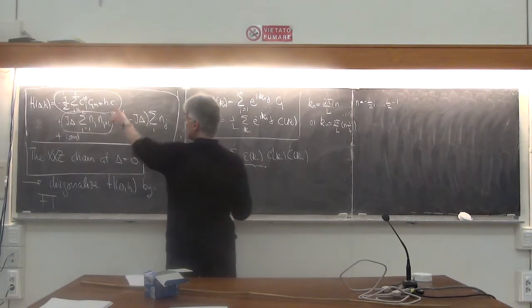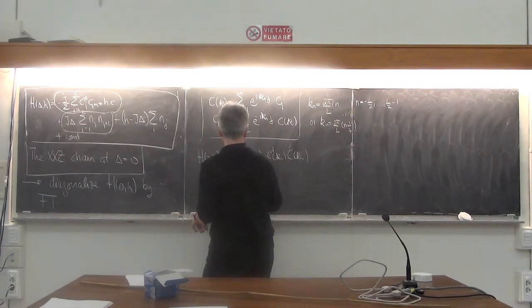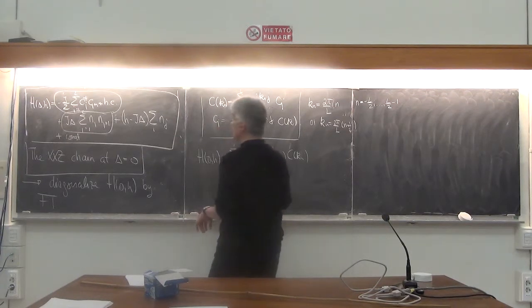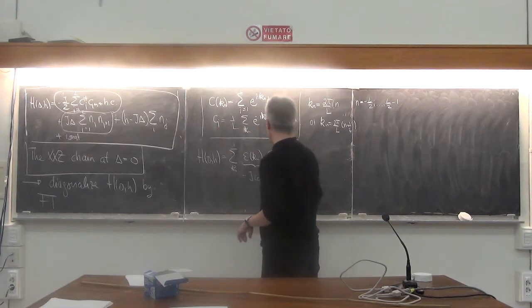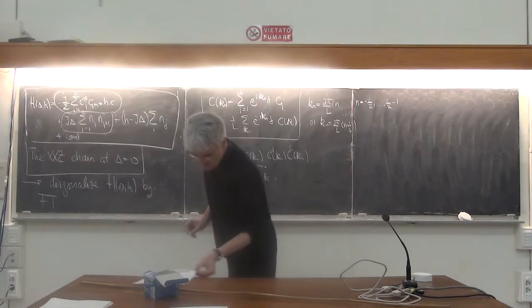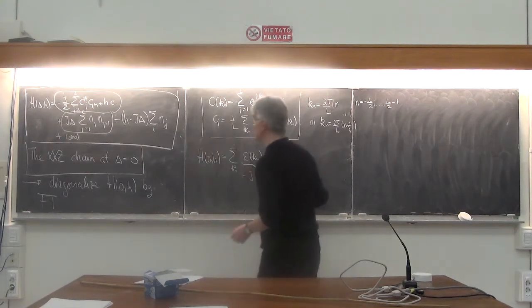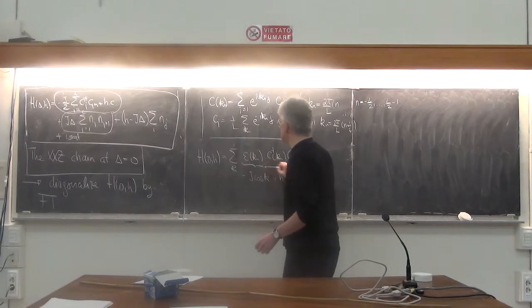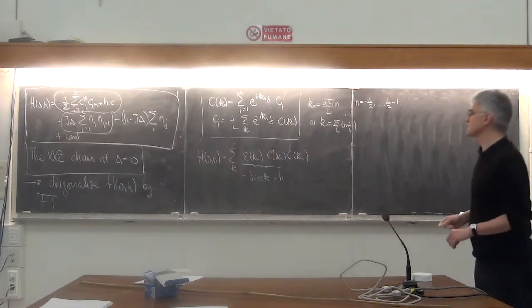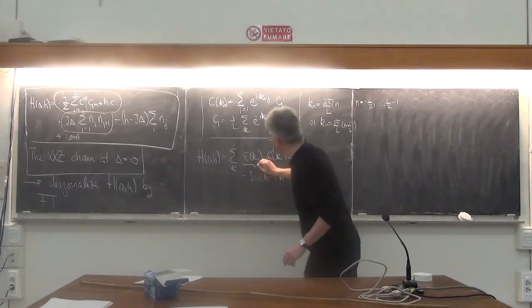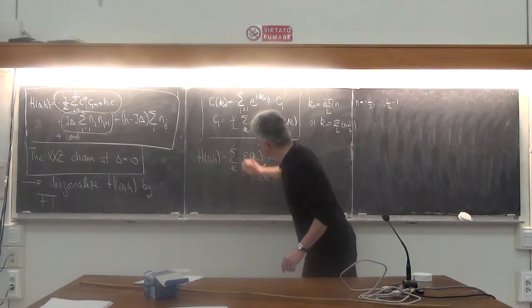So that would be something like minus J cosine k, and then plus h, because I've set delta equal to 0.